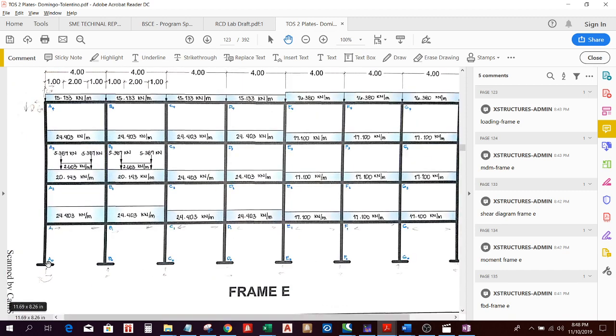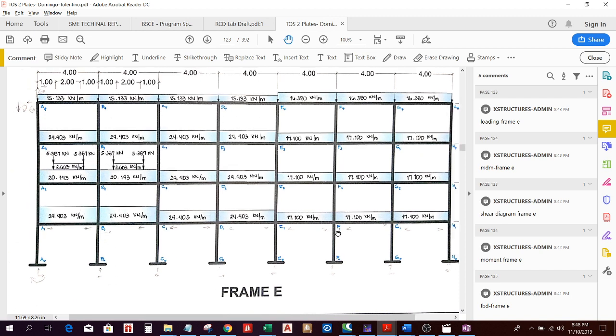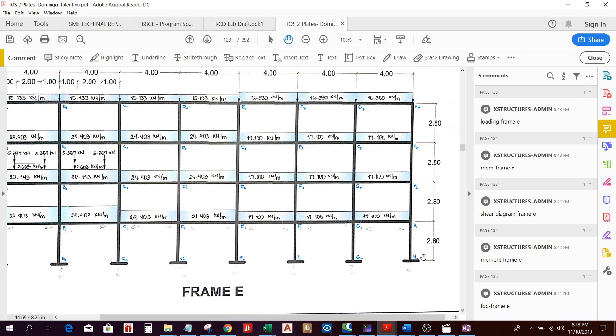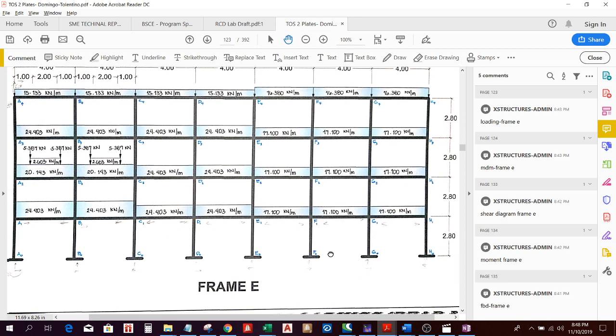So for example, we have A naught or A0, A1 progressing to A2, A3, A4. On the next column, B naught, B1, B2, B3, B4, so on and so forth until you have H naught, H1 to the last column.